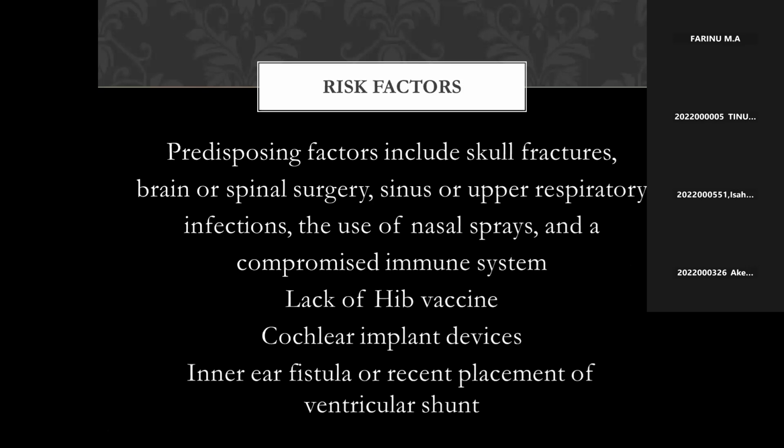Now let's talk about risk factors. We have talked about the causes, that the major causes are bacteria, virus, fungi, and others. So what are the things that can predispose a patient to having meningitis? Predisposing factors. If someone has a skull fracture or a surgery was conducted, maybe like brain or spinal cord injury, all this is exposing the meninges directly to infection.